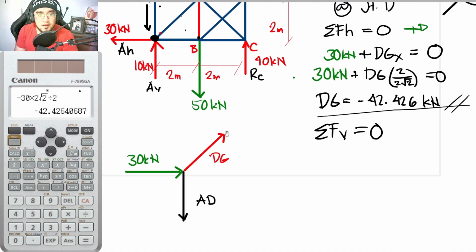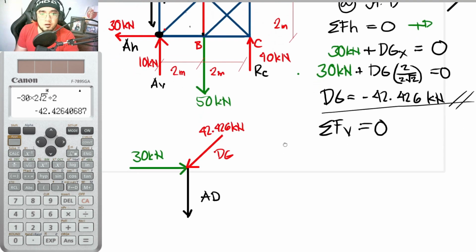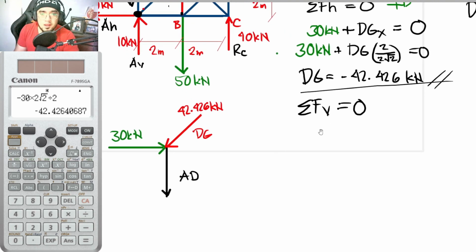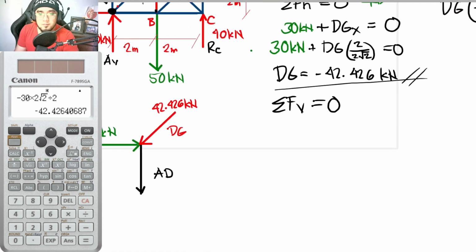Since I initially assumed tension, and the value is negative, this should actually be compression. So this is now the correct figure, or the correct direction. This is now equal to 42.426 kilonewtons.